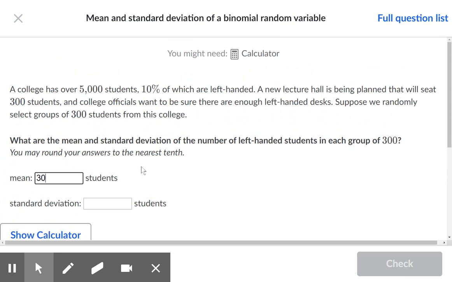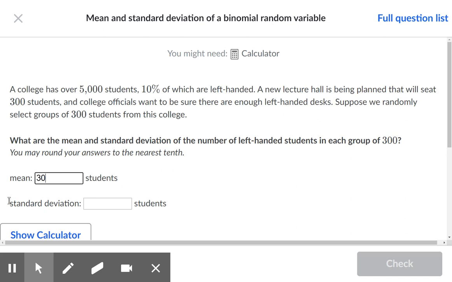That means if the college was to sample 300 students every time, keep sampling and sampling, on average they will find 30 out of the 300 students in the sample who are going to be left-handed students. So this mean means on average.